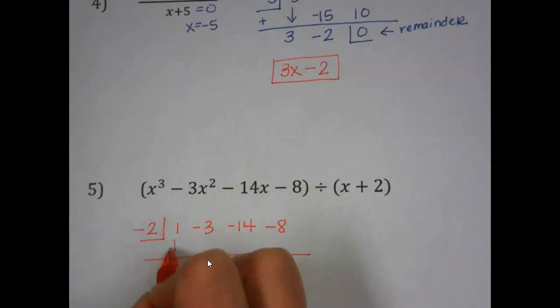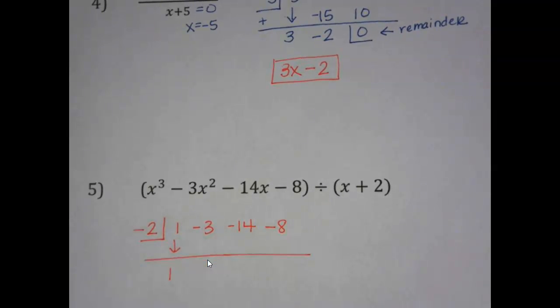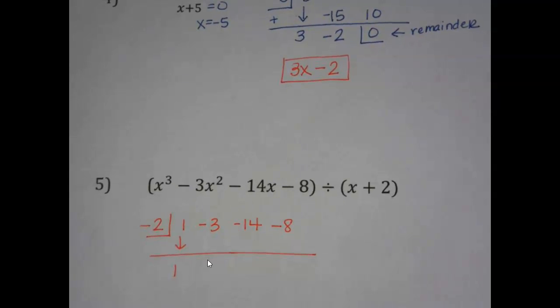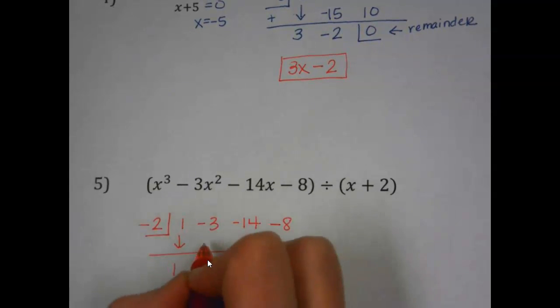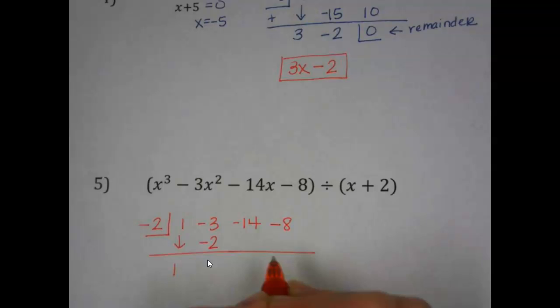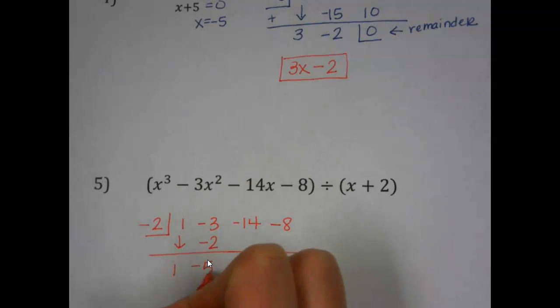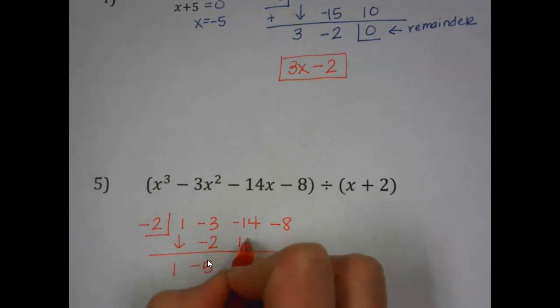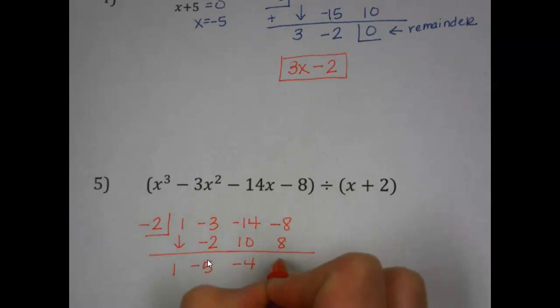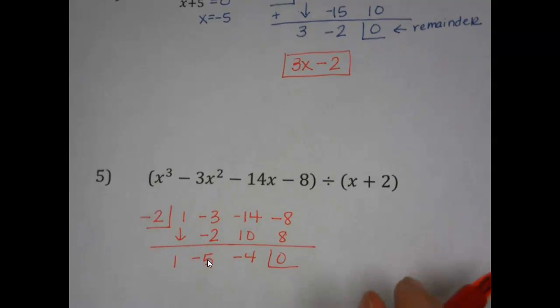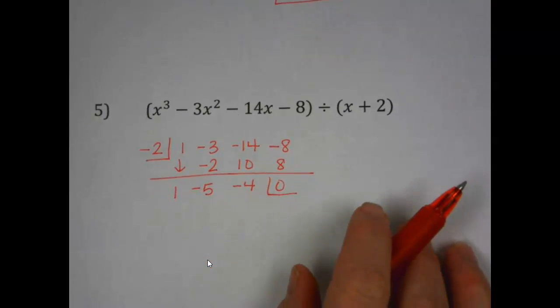And then you always start by dropping down that leading coefficient before we start multiplying and adding. So multiply negative 2 times 1 to get negative 2. And then we add, multiply, add, multiply, add. And look, again, we got a remainder of 0.